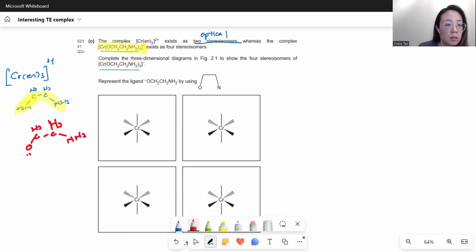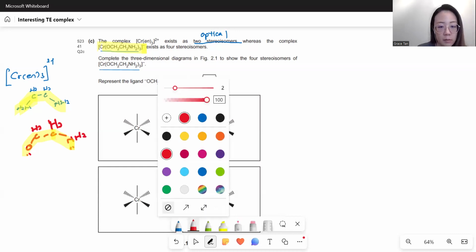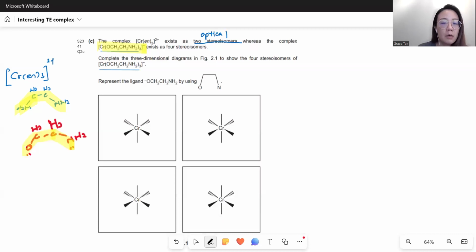And it's also a bidentate, where one end uses an oxygen lone pair and the other end uses a nitrogen lone pair. Okay, still considered bidentate, something new, something you have not seen before, but it's fine. Now, the problem is you want to draw 4 stereoisomers.